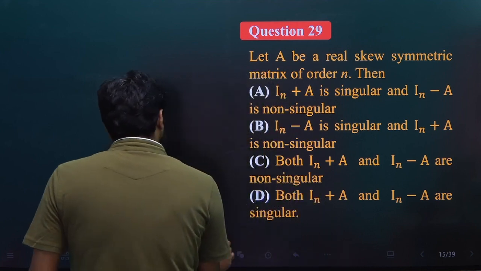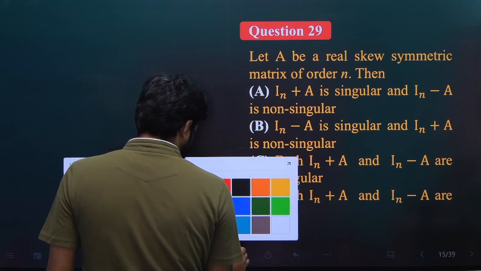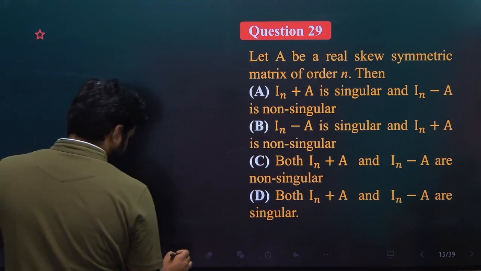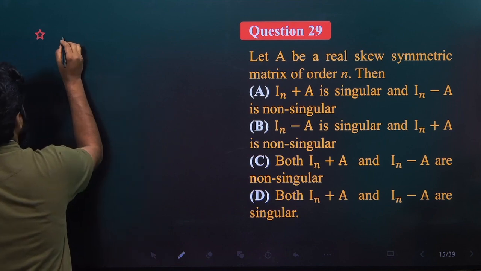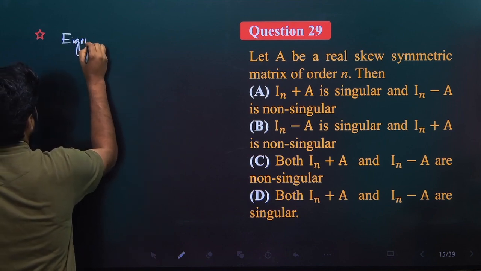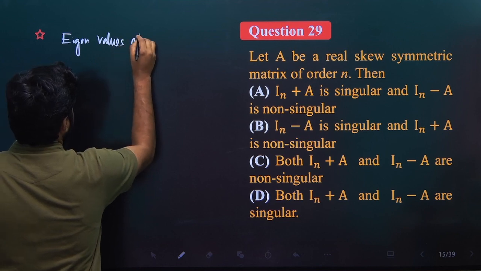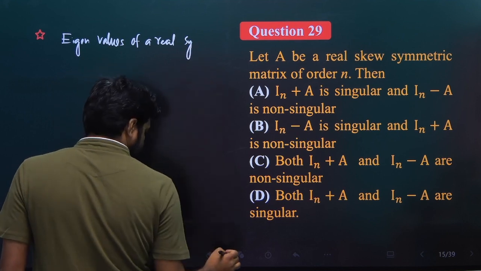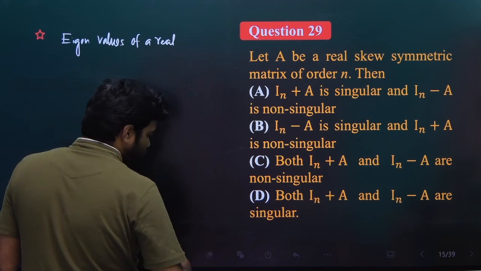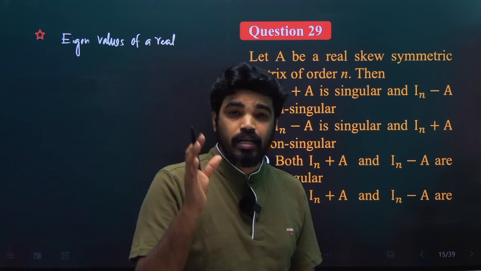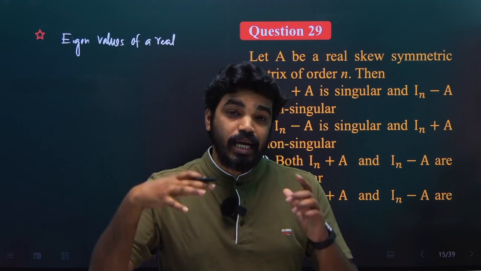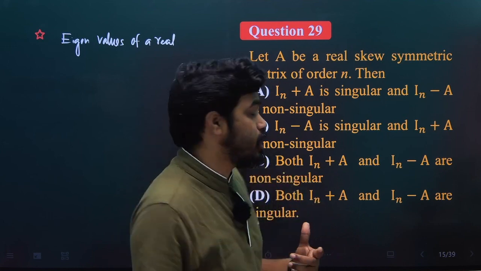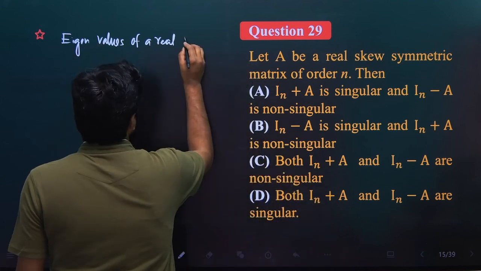It should be noted that the eigenvalues of a real symmetric matrix are all real. Eigenvalues of a real skew symmetric matrix are either 0 or purely imaginary. We know this result.